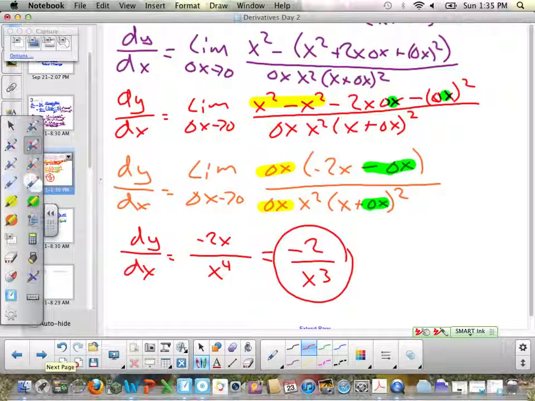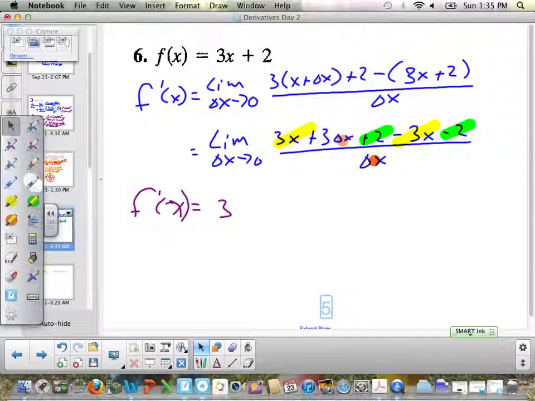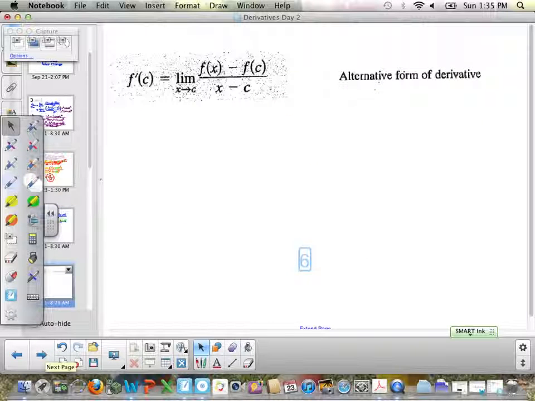So if we wanted the value of the derivative at 10, the slope of the function at 10 would be negative 2 over 1,000. If we wanted the value of the derivative at 5, we could plug in 5. If we wanted the value of the derivative at any point, we could plug in that value. Since it's 3, it's constant. Okay? If you only want the value of the derivative at a specific point, you can use this function, and let c be that point.